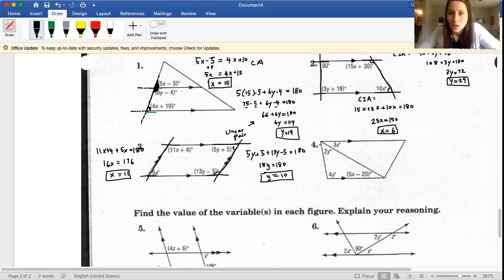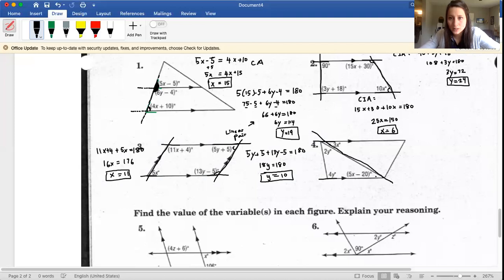All right, last one. So we've got a lot going on here. I've got two parallel lines, so identify your parallel lines, and then now you need to identify your transversal. So if I were looking at this, I've got x and x. Let me see if there's a relationship between the two.